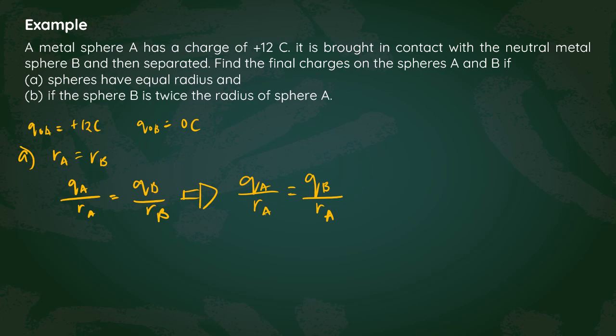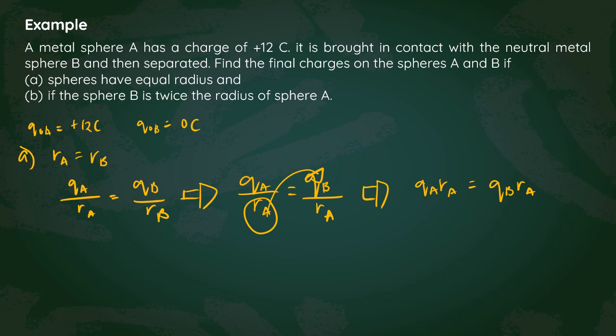Now, when we get rid of the denominators and transpose, this equation becomes QA RA equals QB RA.